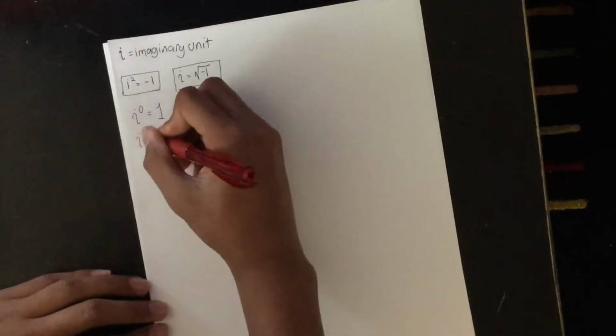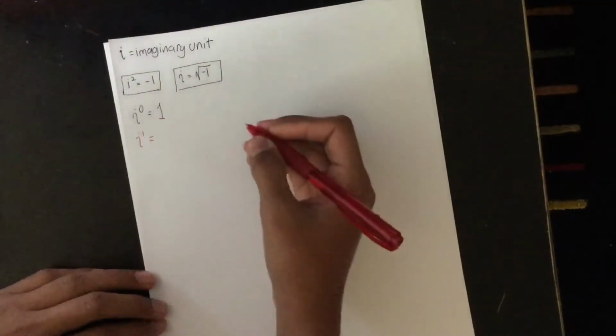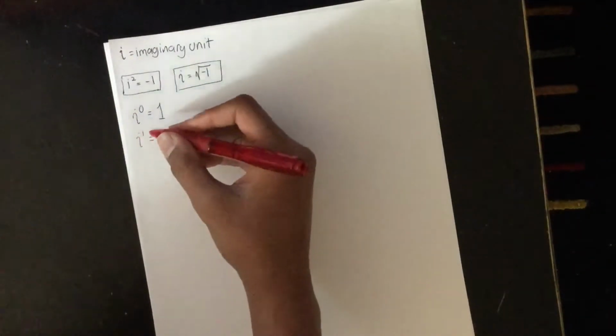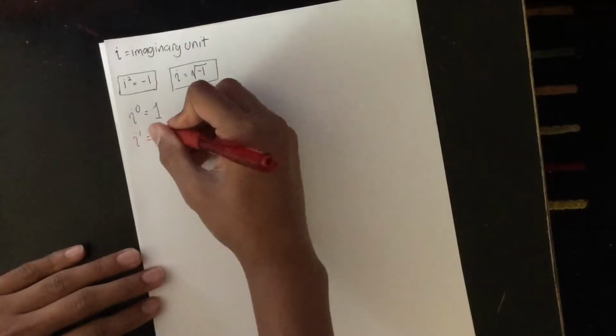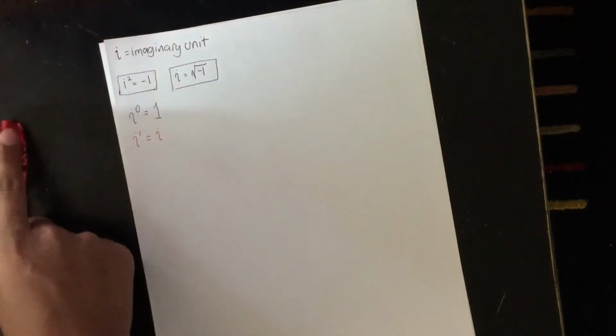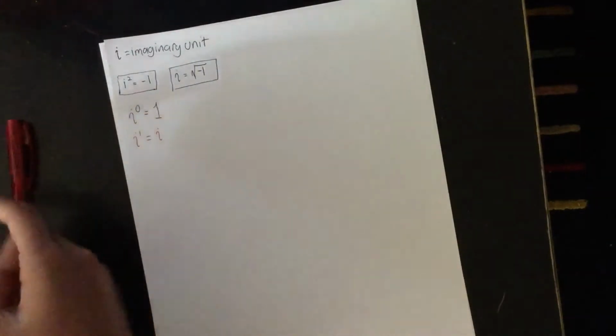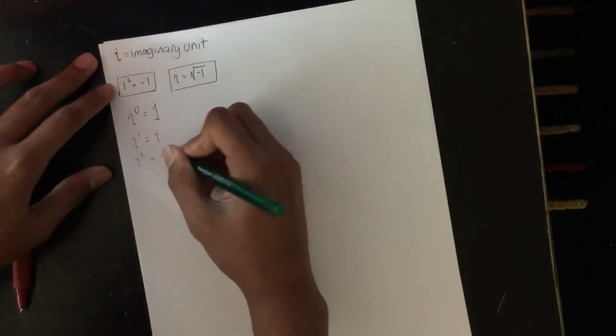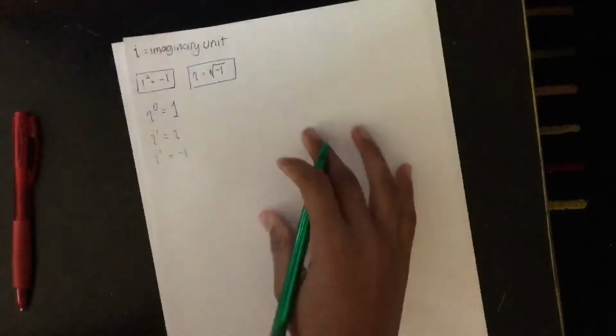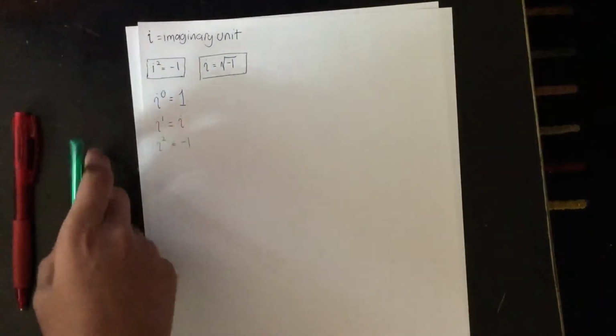Anything to the power of 1 is equal to the number itself, so i to the power of 1 is i. The next one is i to the power of 2, and as you can see from our definition, i to the power of 2 is equal to -1.